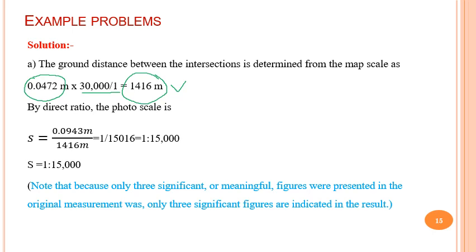Now by direct ratio, the photo scale S is equal to 0.0943, the measurement on the photograph, divided by 1416 meter, the calculated ground distance. We get the scale 1:15,000. Then we use this scale of the photograph for calculating the second parameter.